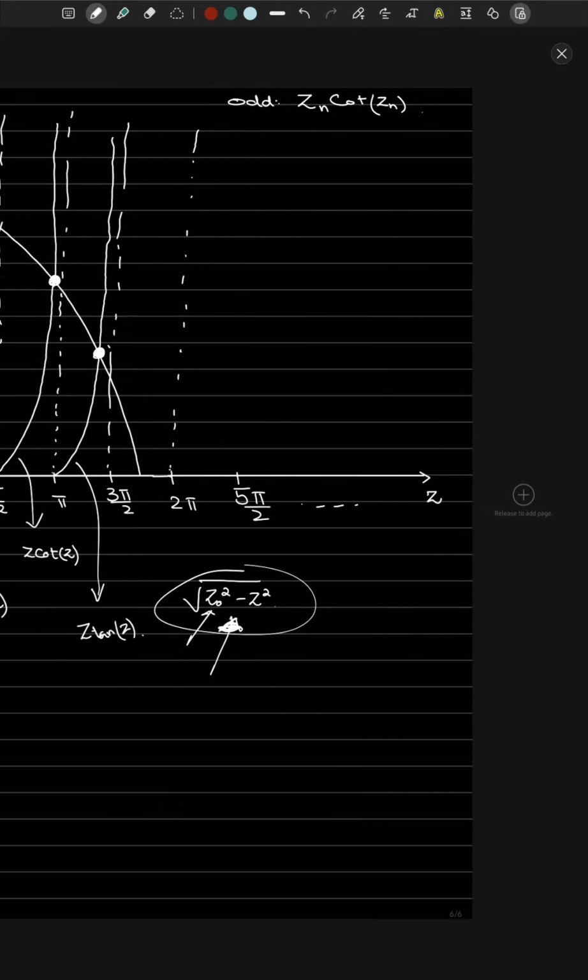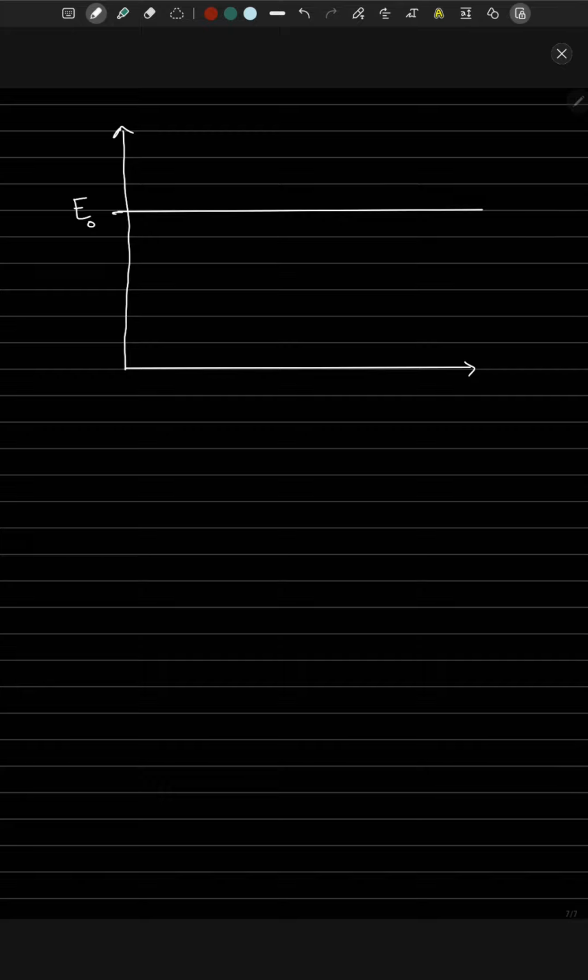So for example, let me just quickly draw a potential energy diagram. Let's say this is the total energy E of your particle, the total energy that it can carry. And you have this energy curve, let's say something like this.